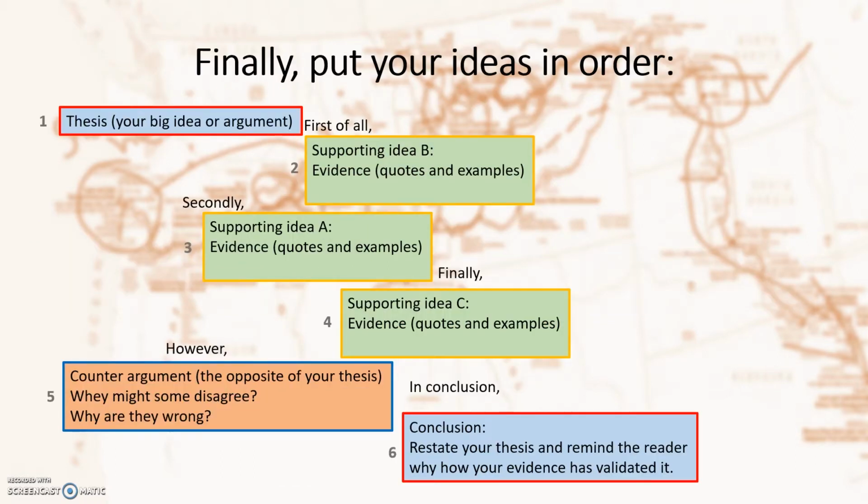And finally, when you put the ideas in order, it'll look like a much more traditional outline, and that's the goal. Because here what you'll notice is that my supporting ideas especially got put into a different order than I originally thought, based on what I thought was the most important evidence to start with, what I thought was a better thing to follow up with, and then what I thought was a good lead-in to my counter argument.